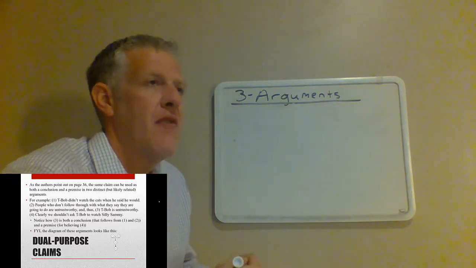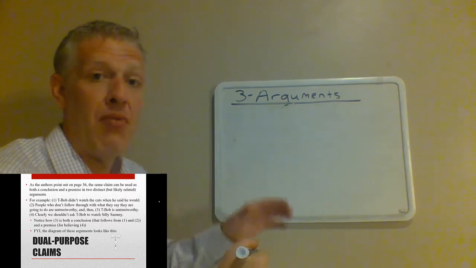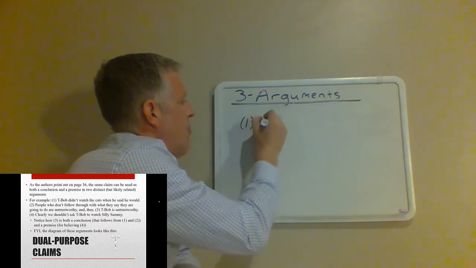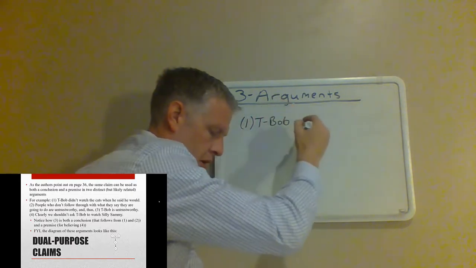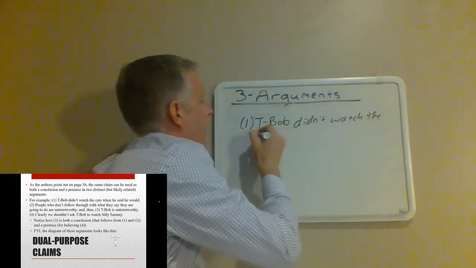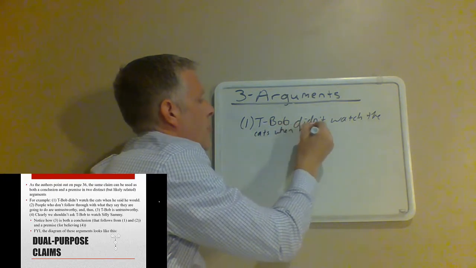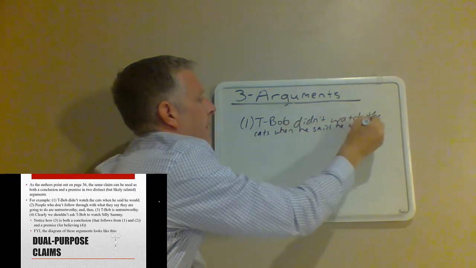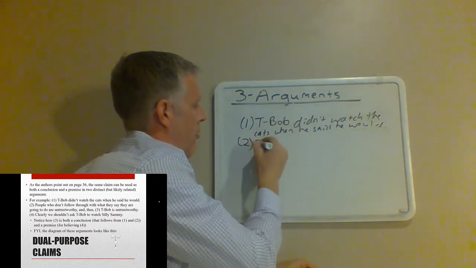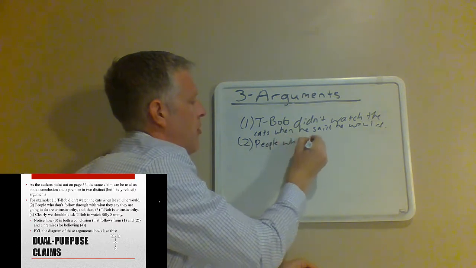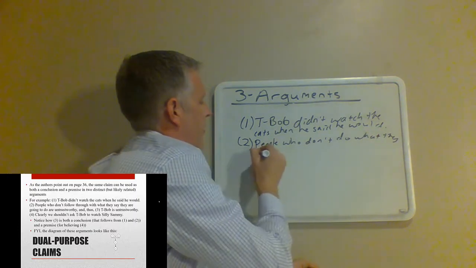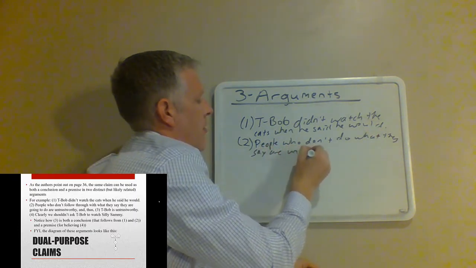So you might have a claim that serves as a conclusion for one argument and then the premise for another argument. So my example, statement 1: T-Bob didn't watch the Cats when he said he would. Sorry about the terrible handwriting. Statement 2: basically, people who don't do what they say are untrustworthy.